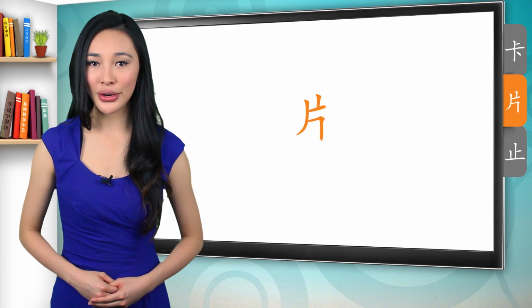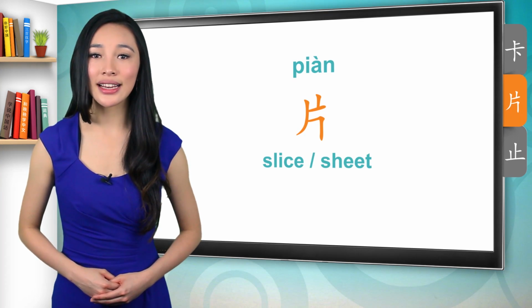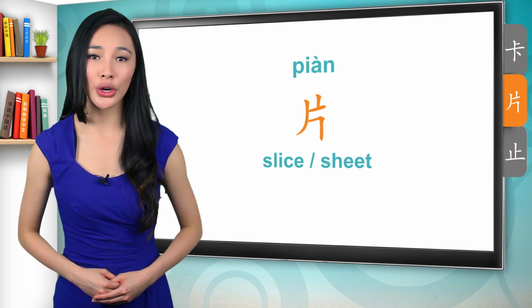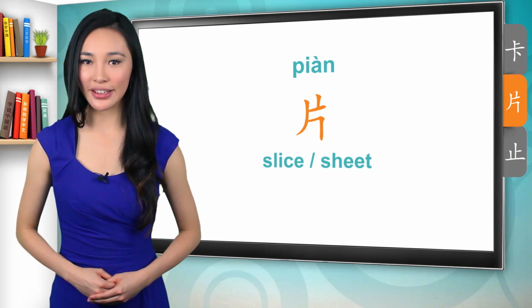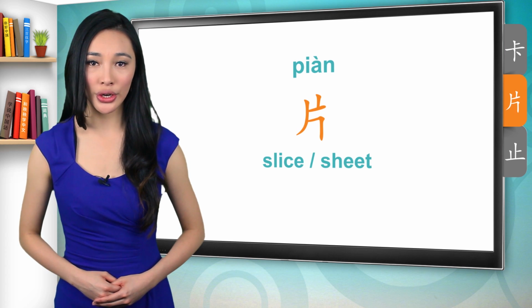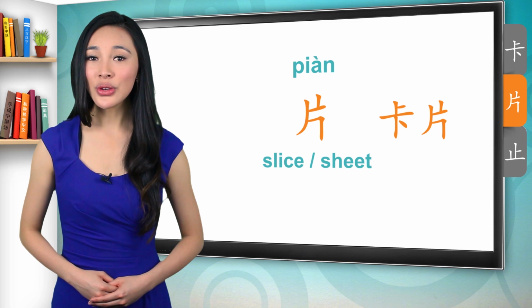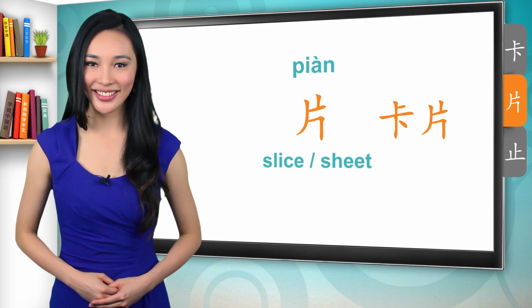This character is pronounced 片. It is a measure word that is commonly used in front of a word like bread or leaf. 片 is also the second half of the word for card, 卡片. Now you know both of these characters.